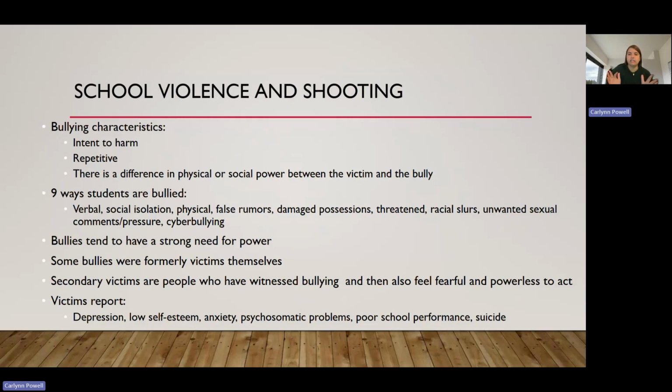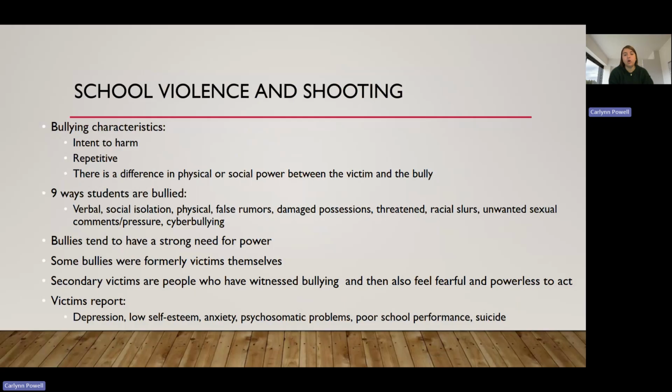And in these text messages, there are obviously false rumors. It's verbal. It's isolating. The person who's texting is threatening to commit physical violence, with sexual comments, pressure, cyberbullying. It is insane. I would highly recommend it, especially if you enjoy human interest stuff.